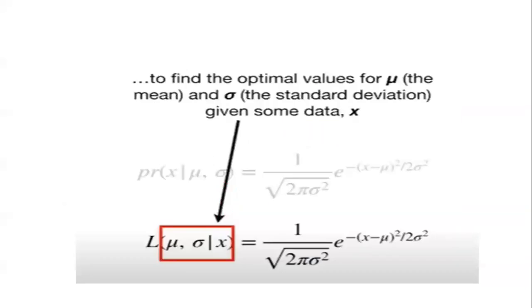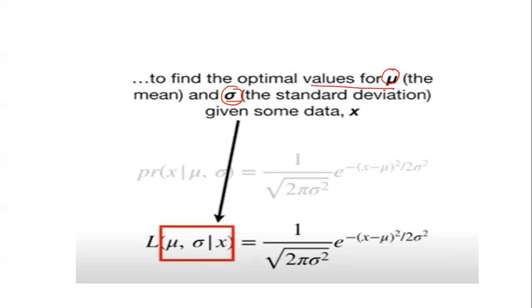So with maximum likelihood, what we are trying to find is the optimal value of mu and sigma, which provides the maximum value for the output. So we are trying to find the optimal value for mu and sigma, which increases the likelihood of occurrence of a particular event. That's the whole concept.